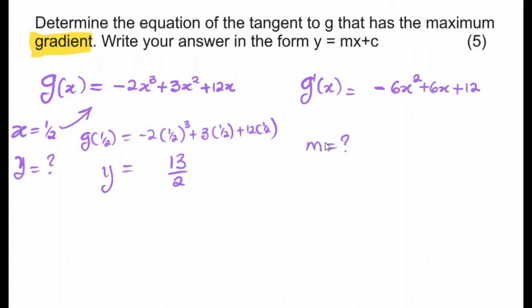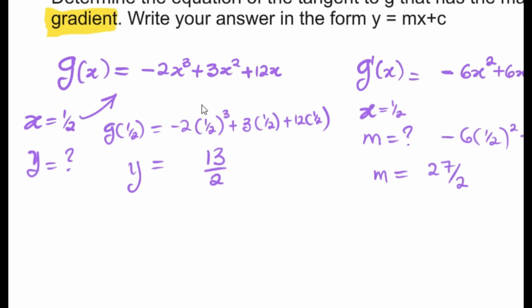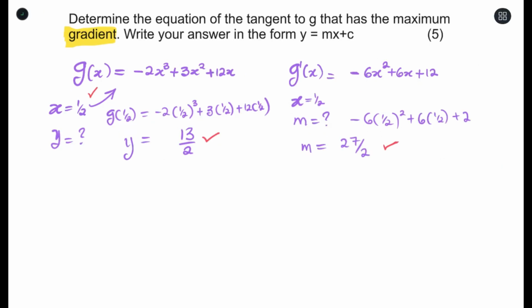Now, to get the gradient, all we need to do is substitute half again into the derivative, and that will give you 27 over 2. Now, with our x known, our y known, and our m known, we can substitute into a straight line equation for us to find the equation of our tangent.